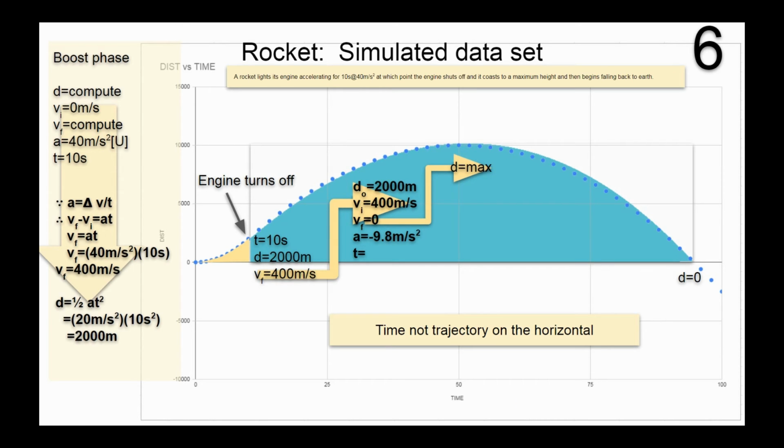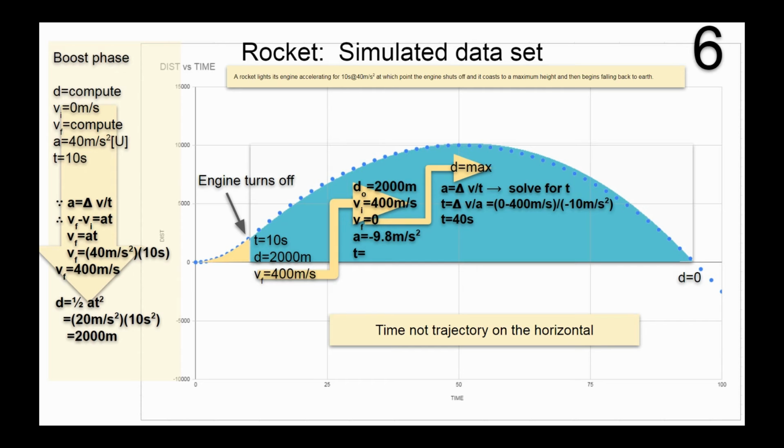Then we're going to go for the maximum height. And the maximum height will occur when the VF falls to 0. So here's our setup for that part. We can solve for time, and we get 40 seconds.